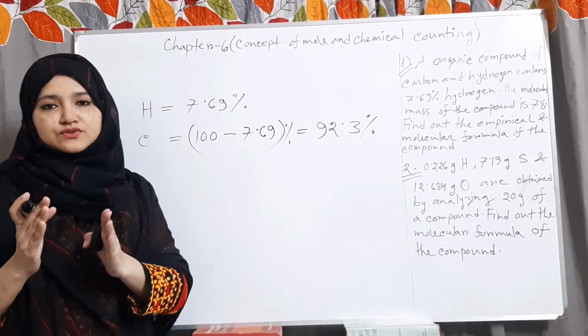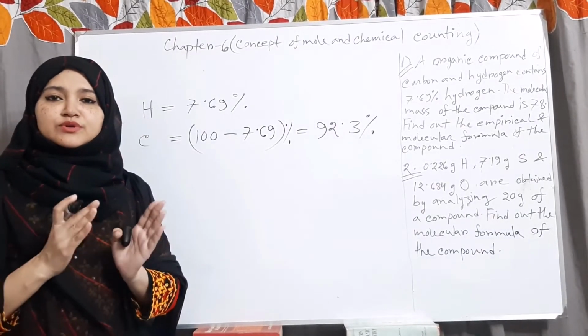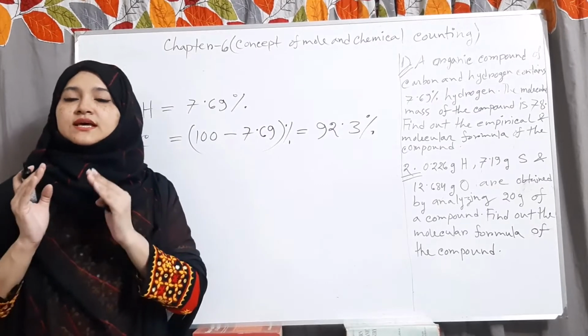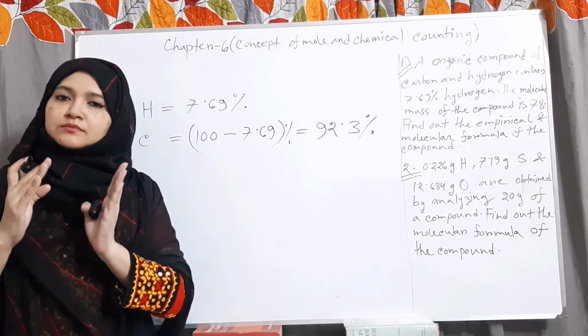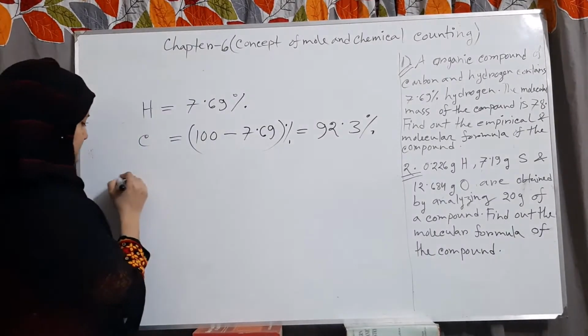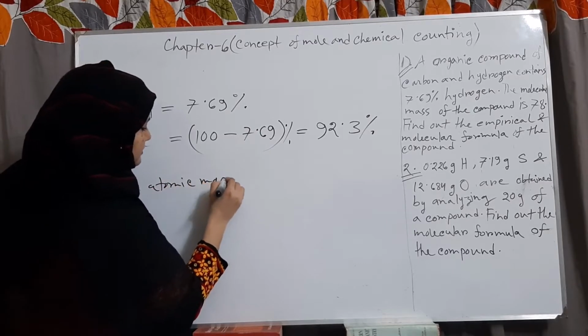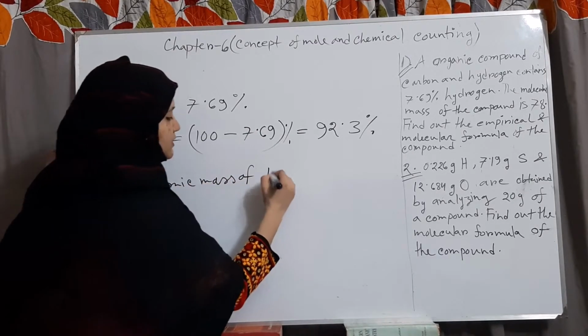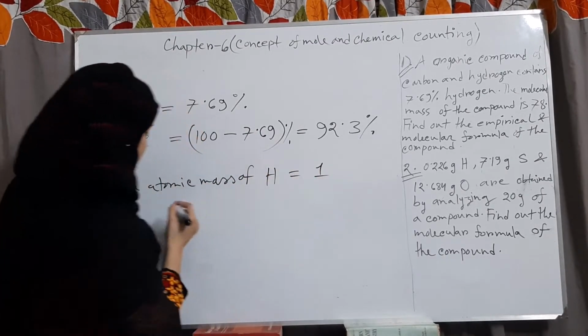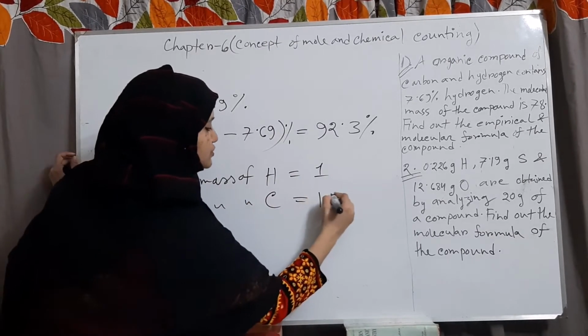Atomic mass of hydrogen means the mass of one hydrogen atom, and atomic mass of carbon means the mass of one carbon atom. The atomic mass of hydrogen is 1 and the atomic mass of carbon is 12.